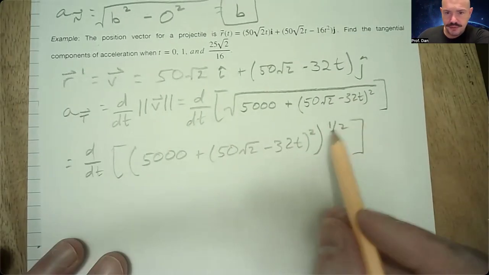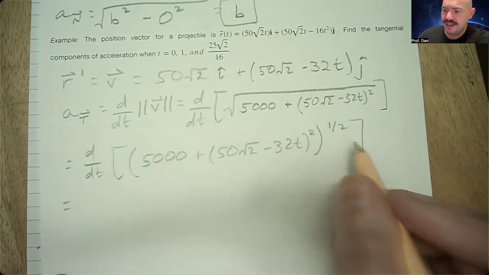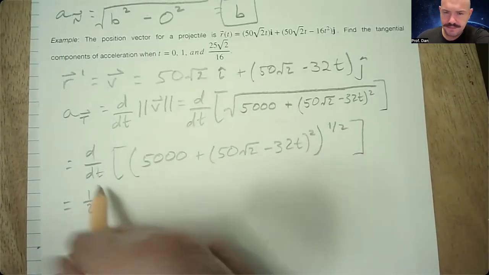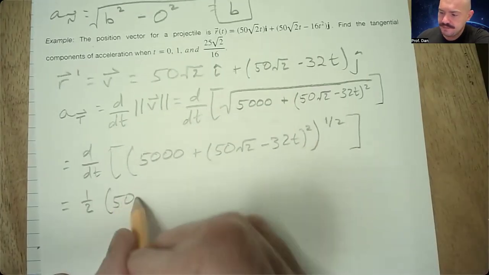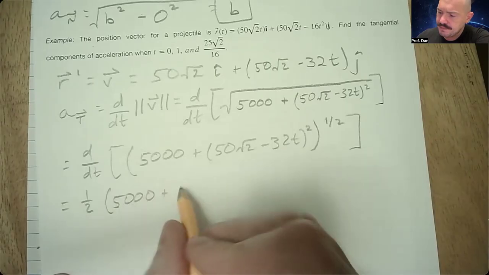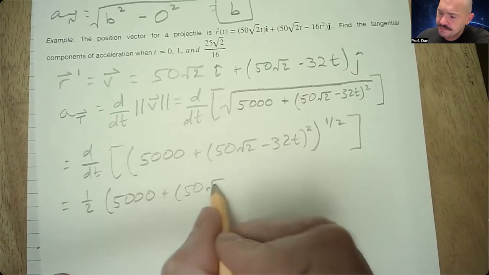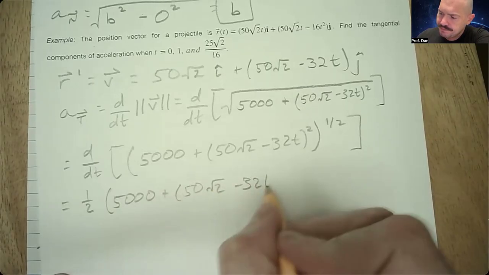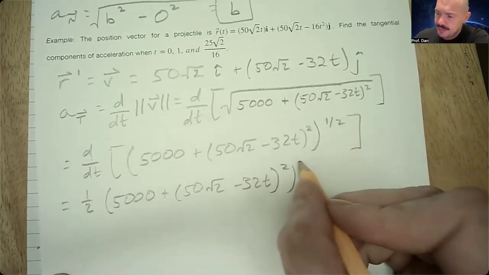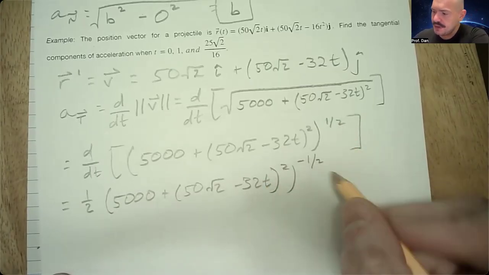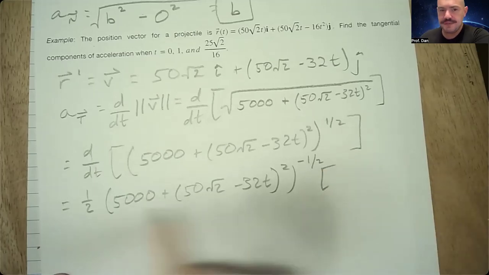Now I can do my chain rule. So I bring my 1/2 down. I don't change the inside. I take one away from the power. And then I multiply by the derivative of the inside.